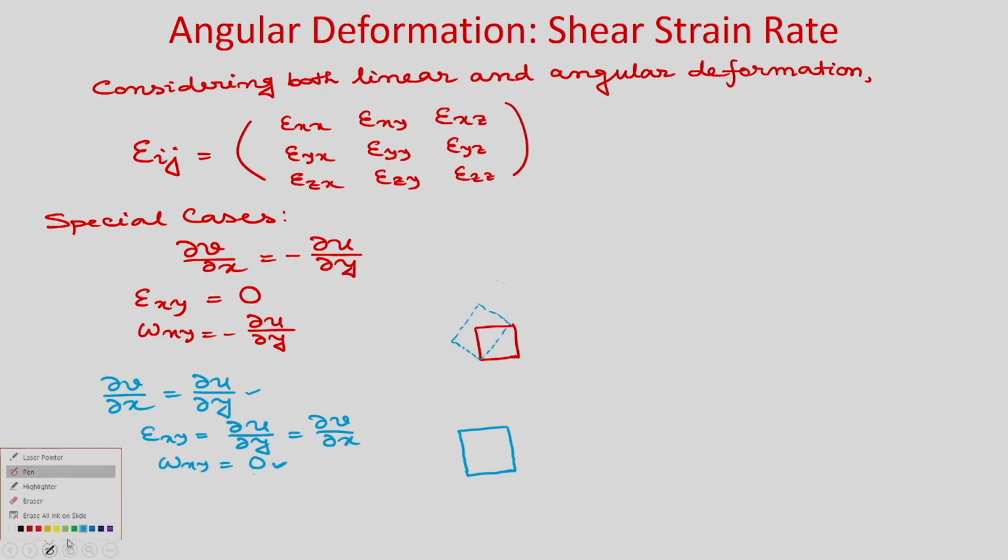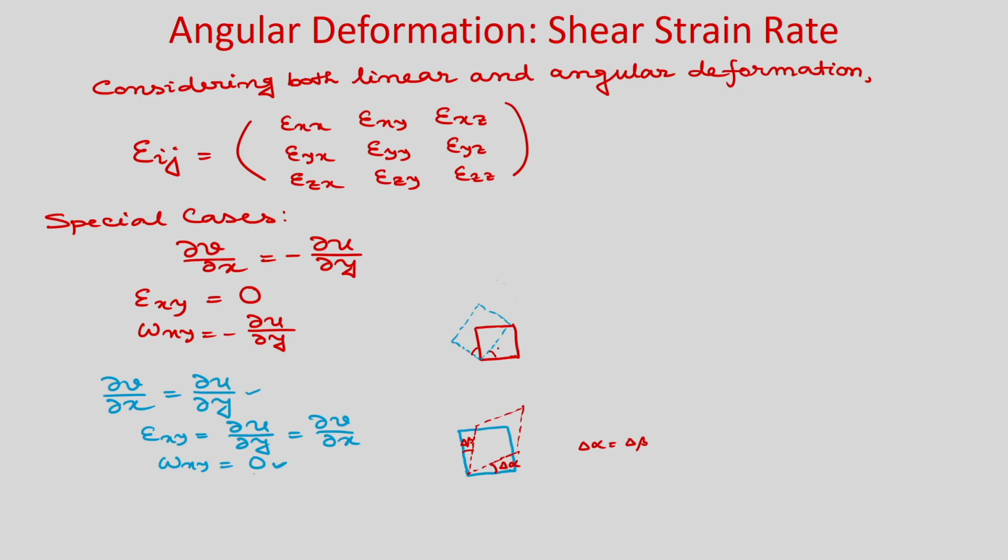If you have the same angular deformation, so if delta alpha is equal to delta beta, in opposite direction, it will look like this. So, the angles delta alpha and delta beta will be the same in opposite direction, and here also the same delta alpha, delta beta, in the same direction.